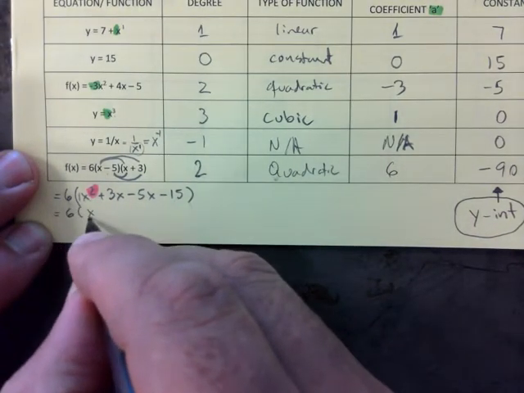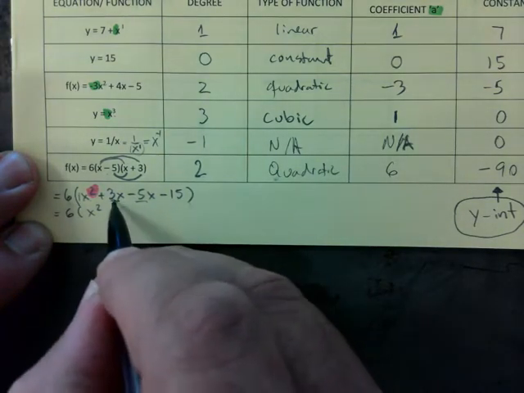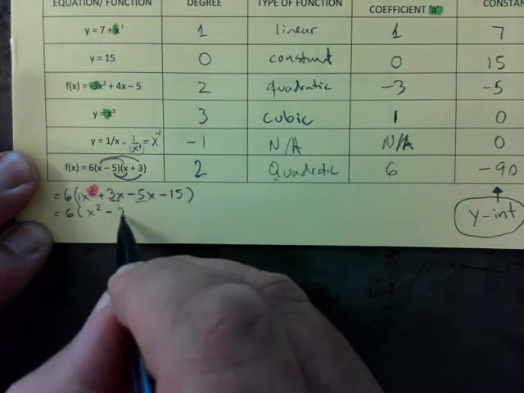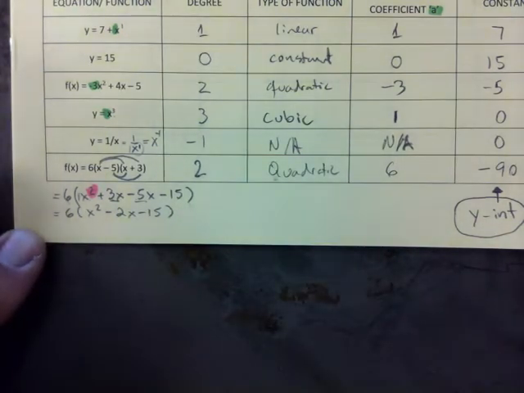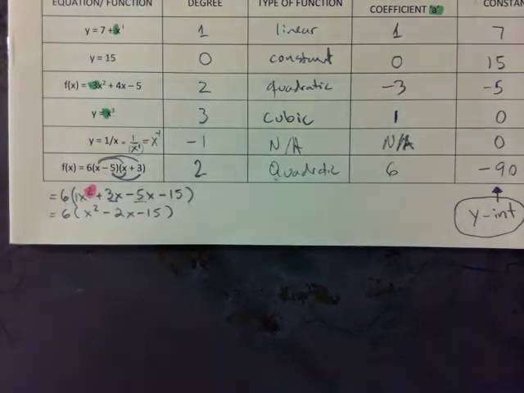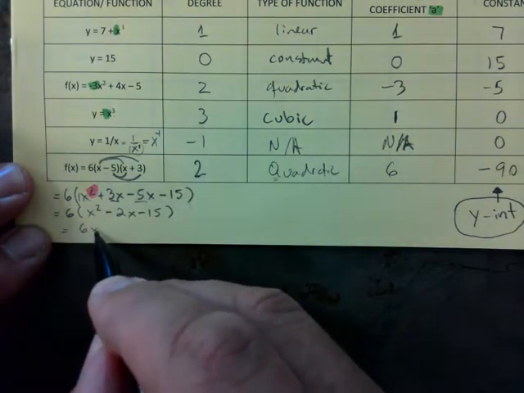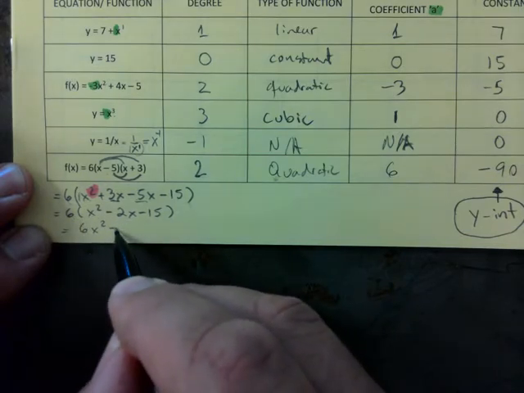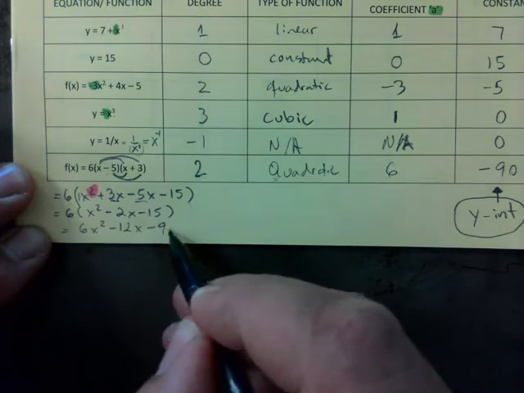Let's clean that up. X squared. What's 3x and -5x? 3 and -5, that's -2x, right? Minus 15. So I combine the like terms in the middle, and then I will distribute. So this would be 6x squared. 6 times -2 is -12x. 6 times -15 is -90.